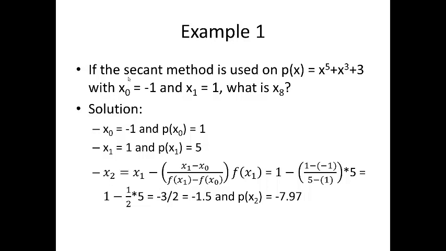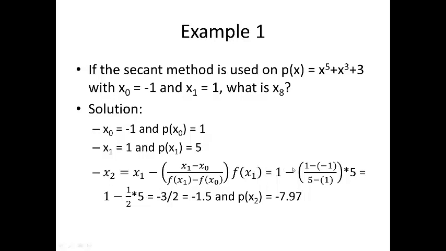Do the same thing with x1. It's 1. And when we put 1 into the p of x equation, we get 1 plus 3. It's 5. Now, x2 is defined by the secant formula, which is going to be x1 minus (x1 minus x0) over (f of x1 minus f of x0) times f of x1.